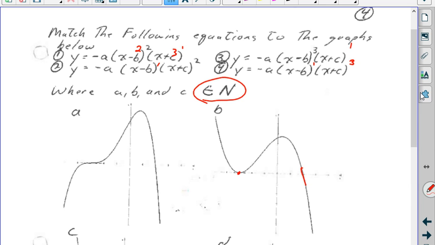We have a point of tangency on the left-hand side. It has to be this one, (x plus c) squared. So this is graph number 2 because of the factor telling me this factor lies on the left-hand side. This 2 tells me it's a point of tangency.